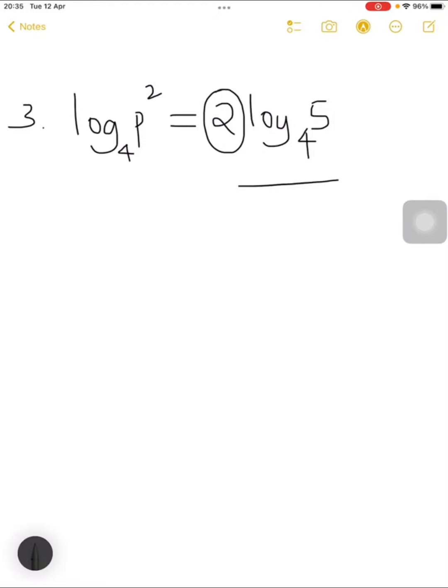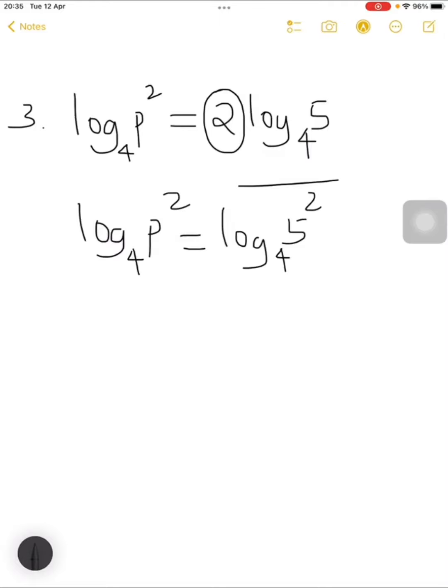And therefore, we'll have log p squared base 4 is equals to log 5 squared base 4. Remember, whenever we have log x power n base a, this is the same as n log x base a. We had this 2 here, and then now we bring it up there. That's why we have the 5 power 2.